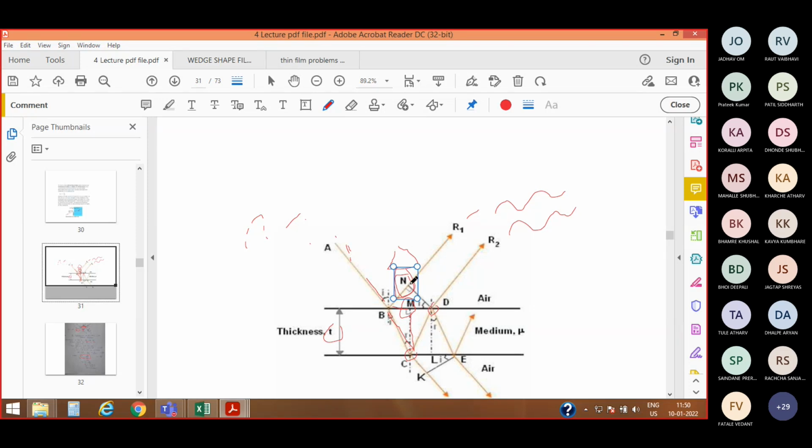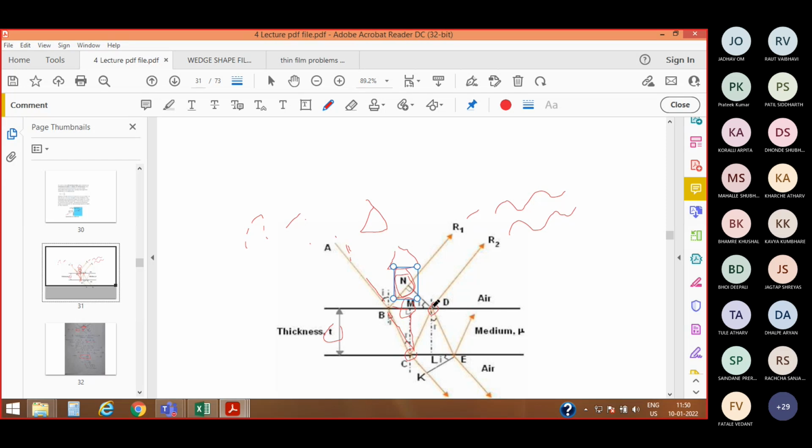When ray R1 comes to point N, during that time ray R2 goes from B to C and C to D, and comes to point D. So this is nothing but the path difference between the rays R1 and R2.